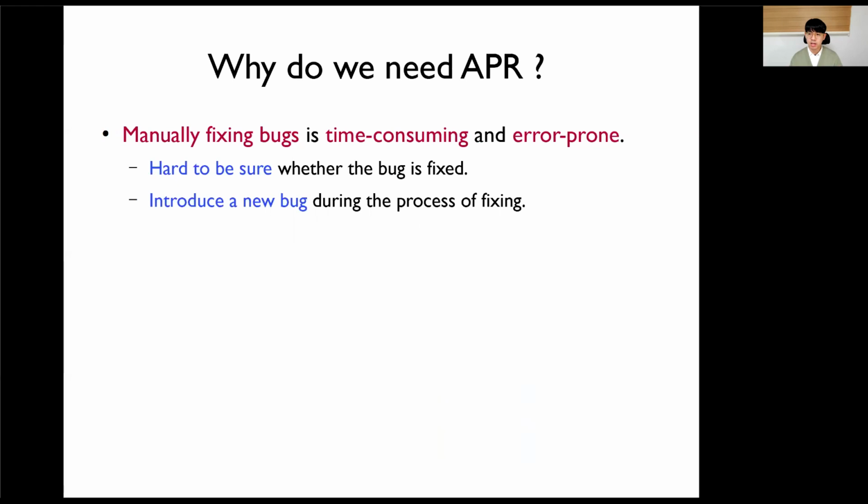This is because commercial software usually consists of hundreds of thousands of lines to millions of lines. It is also very challenging to fix a single bug. Moreover, unexpected new bugs can be introduced while fixing the original bugs.